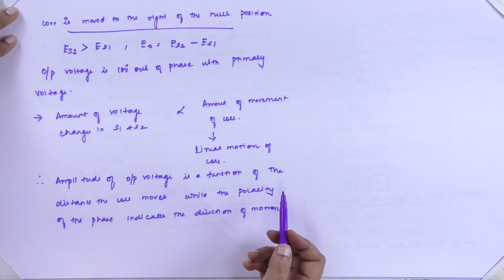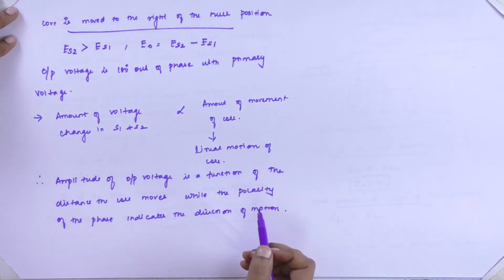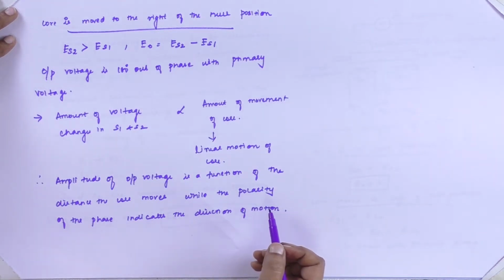So the output voltage of LVDT is a linear function of core displacement within a limited range, that is up to 5 mm from the null position. We will get linear characteristics.